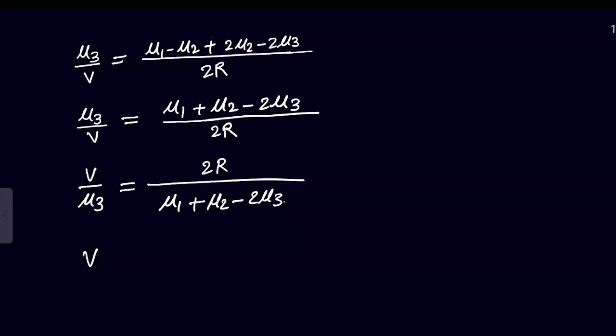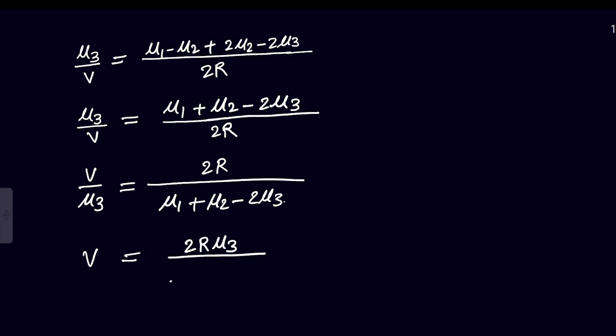So from this, V is equal to 2R into mu3 by (mu1 plus mu2 minus 2 mu3). As we have seen, V is equal to F only.